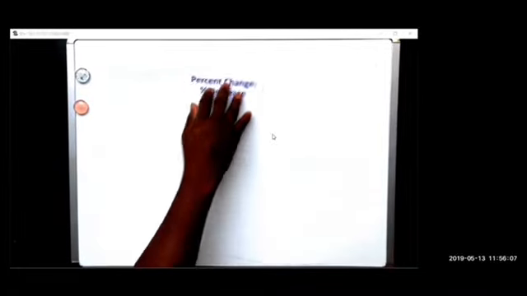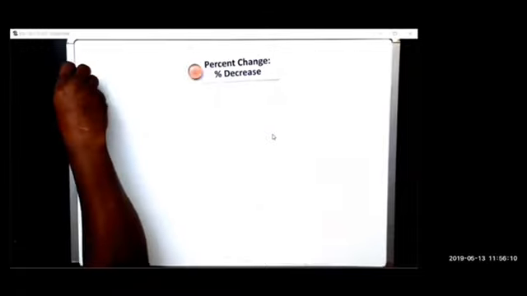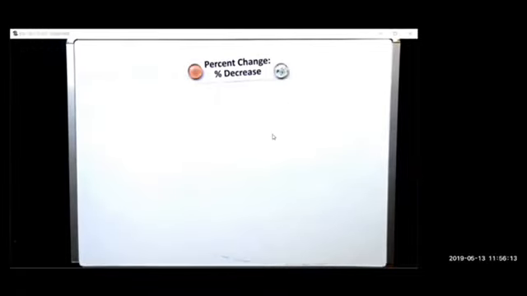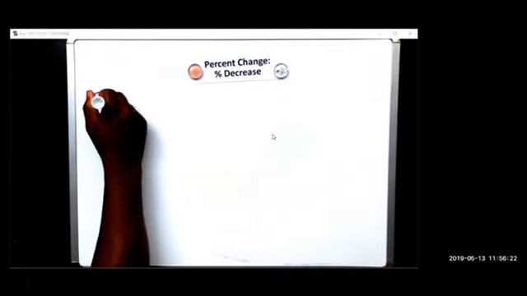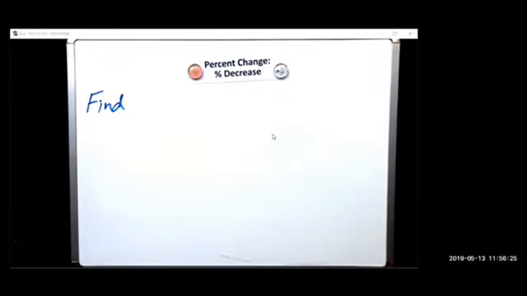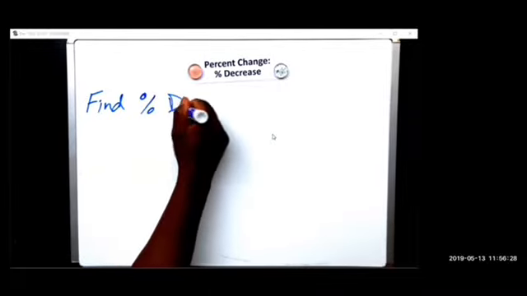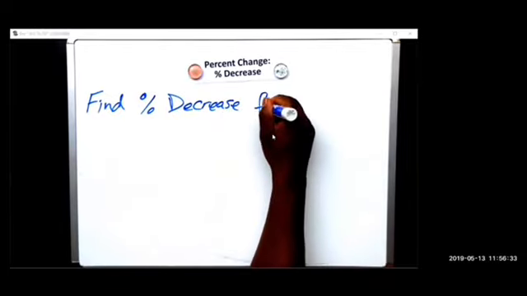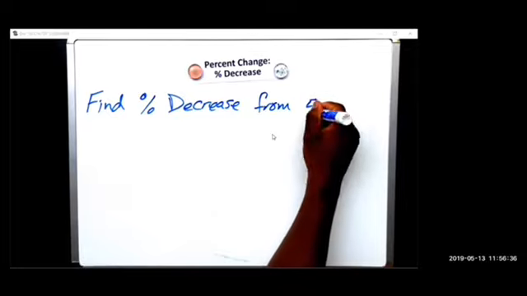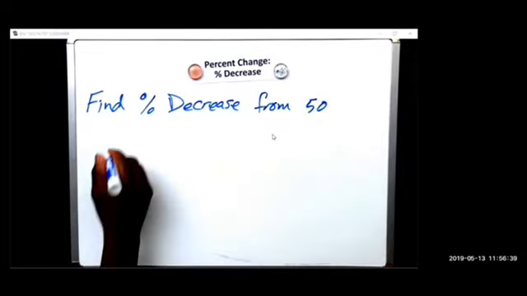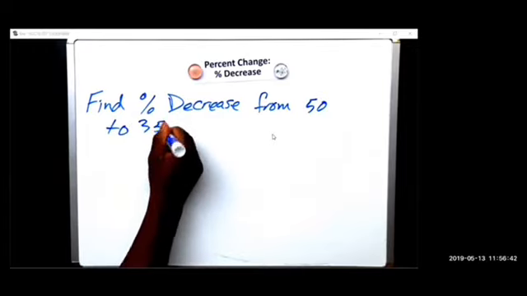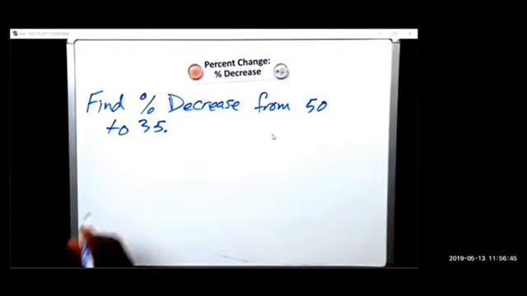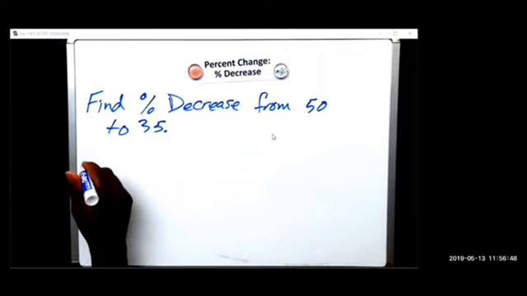So this is now for percent decrease. Let's find the percent decrease from 50. If it's from 50, it has to go to a lower number, to 35. So we know our formula, right?